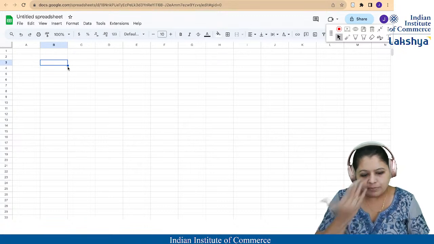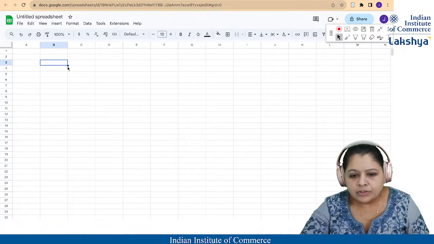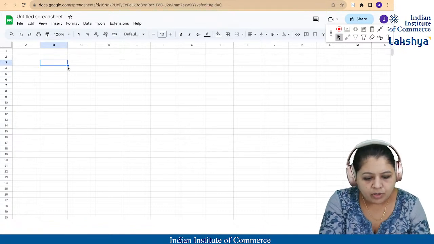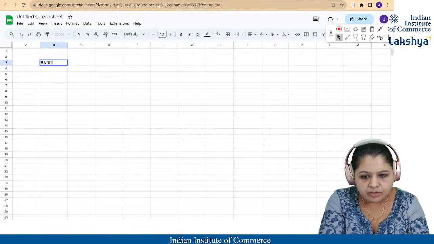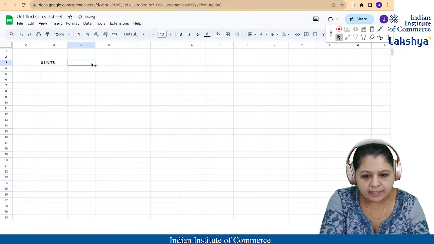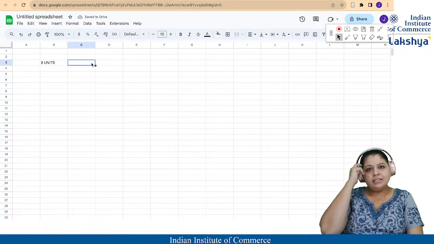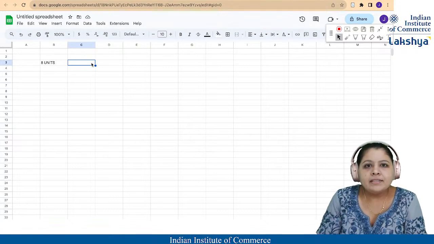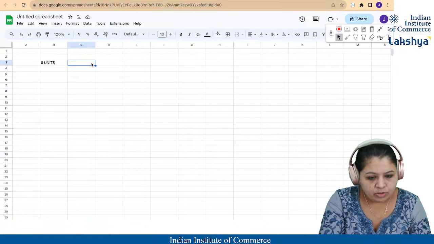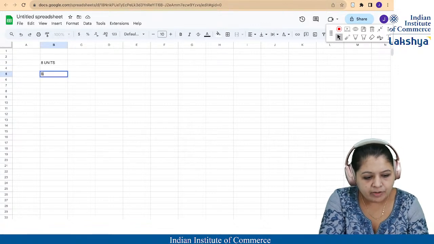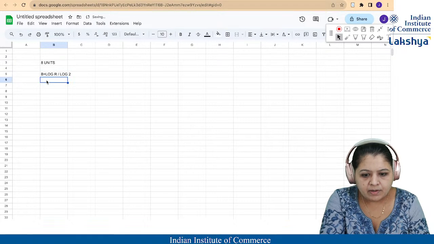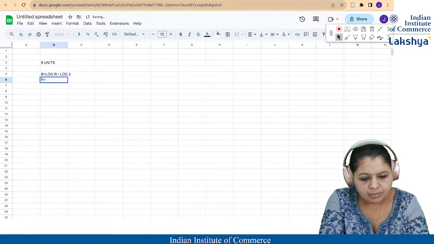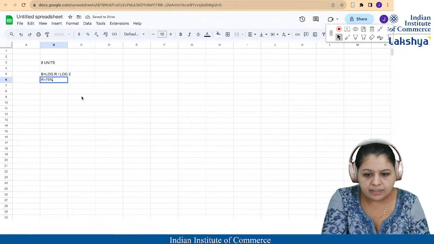So let's use our normal sheet. For 8 units, we are finding out, right? So for 8 units, the formula, as I showed you earlier, is y is equal to a into x raised to b. The first challenge is to find out your b, which is equal to log r divided by log 2, where r is your percentage of learning, right?